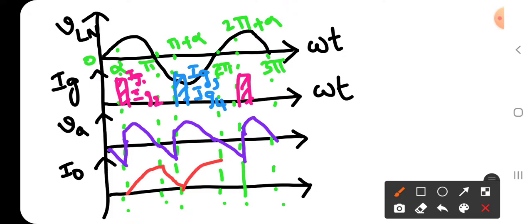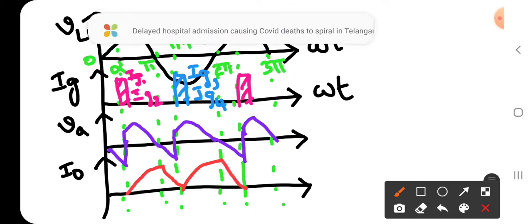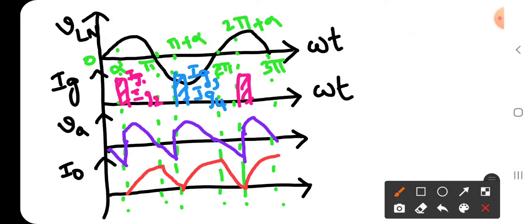From 2 pi to 2 pi plus alpha it decreases, then increases, like this. These are the voltage and current waveforms, that is armature voltage and armature current waveforms, for a DC separately excited motor and shunt motor when fed from a single phase fully controlled converter.